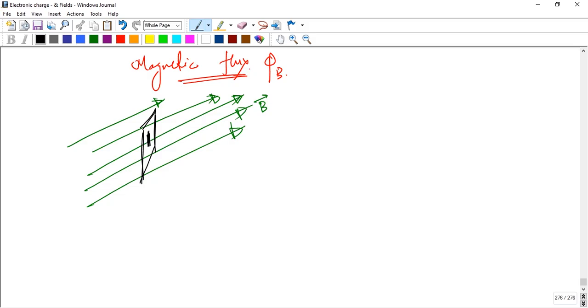The surface area is in one direction and B in another, with an angle between the two. So we get the flux Phi B equal to B dot A.